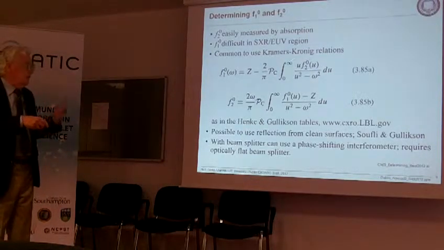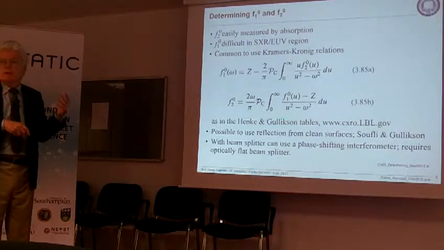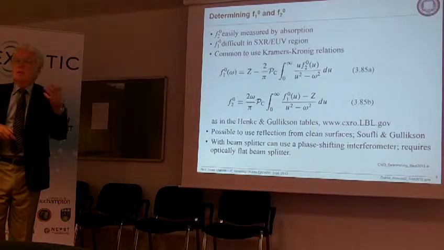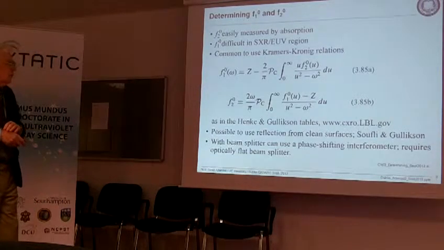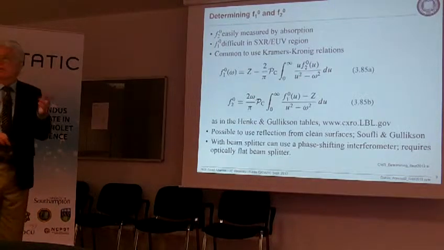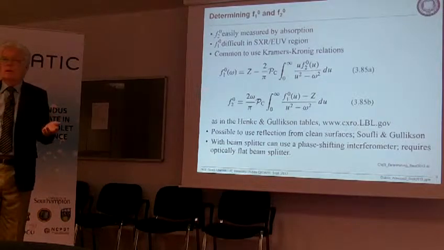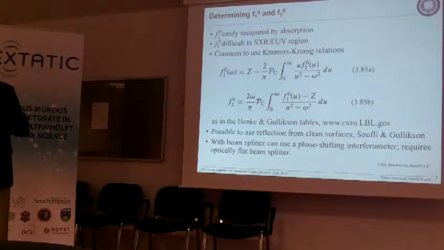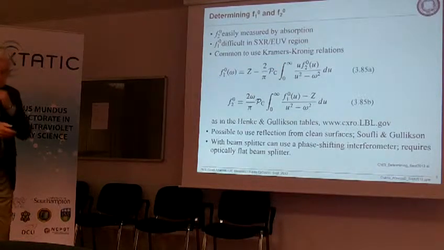And then he and his group, and actually his wife, did the Kramers-Kronig integrals and figured out the real part also, and then they published it as delta and beta. Then his young colleague at the time, Eric Gullickson, took over, and for the last 10 years or so, Eric has been updating this. Every year he updates it with more measurements and more calculations and improves the accuracy all the time. So this website has all of these things, but in answer to the question yesterday, this is where they come from. Okay.